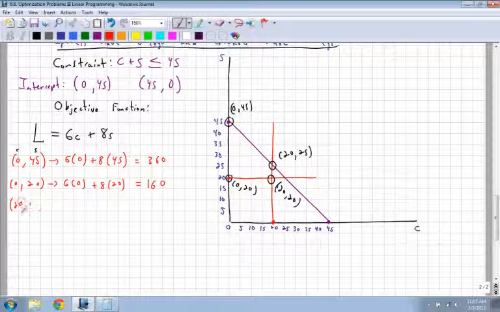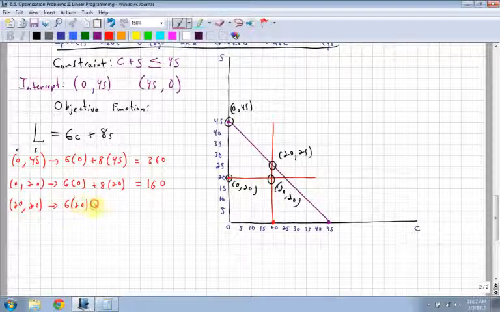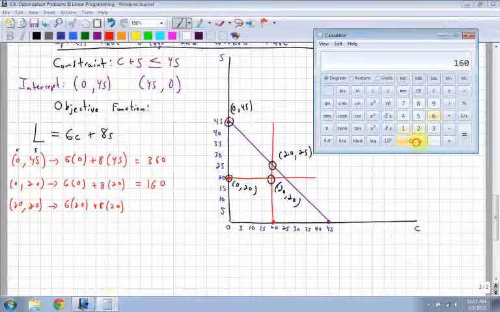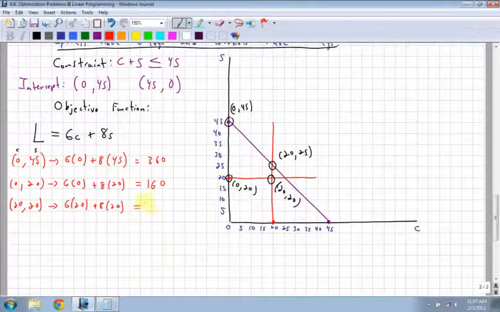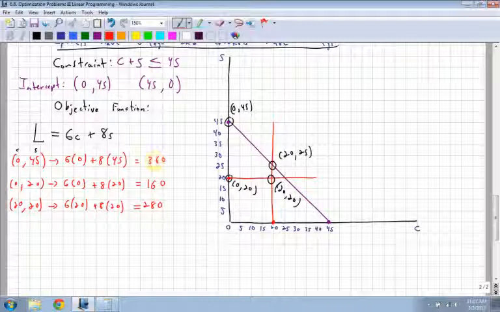My next one is going to be 20, 20. I get 6 times 20 plus 8 times 20. I already know 8 times 20 is 160. I know 6 times 20, 6 times 2 is 12, so that's going to be 120. 280. That's more, but not quite as much as the 45 spiders.